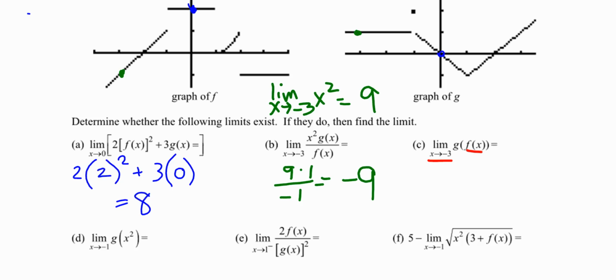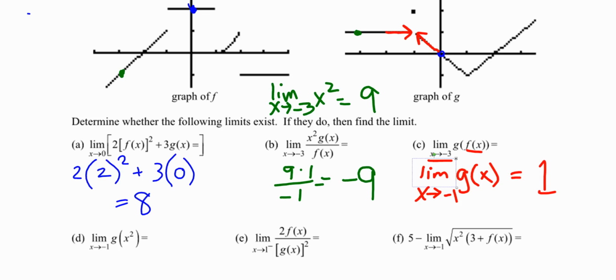Start with the inside. So you get -1. So really now we're going to do the limit as x approaches -1 of g of x. Now if you look as x approaches -1 for g of x, the limit, although the function value isn't there, the limit value is 1.